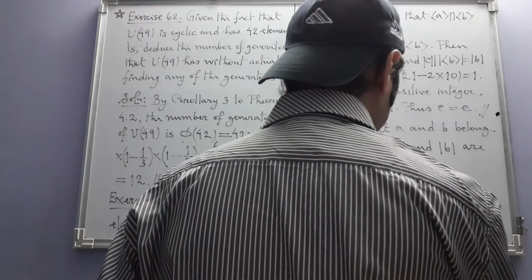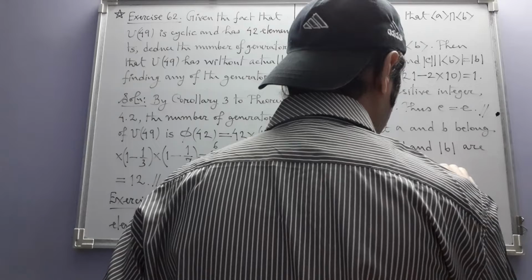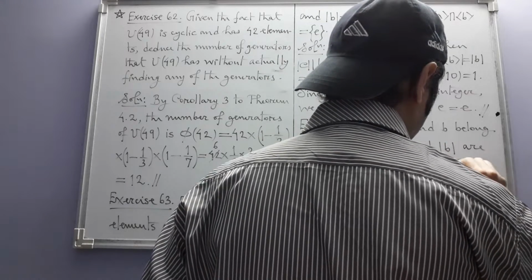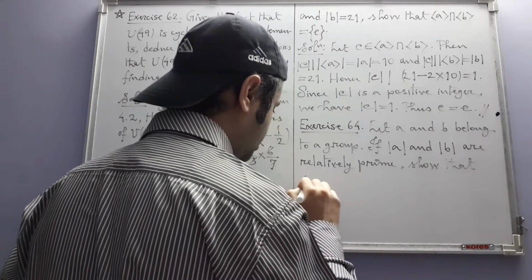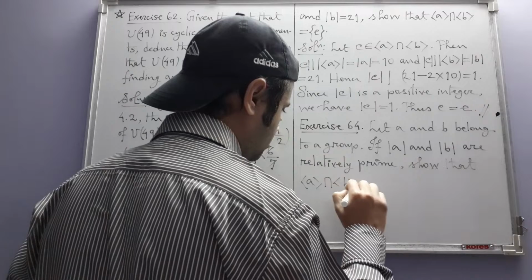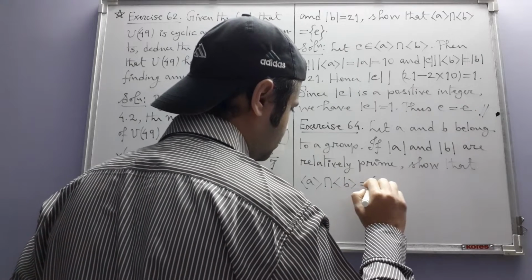Then the conclusion is like the previous one. Show that the intersection of these two cyclic subgroups is the trivial group.